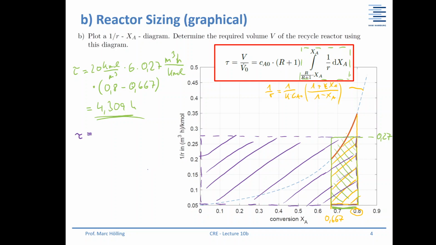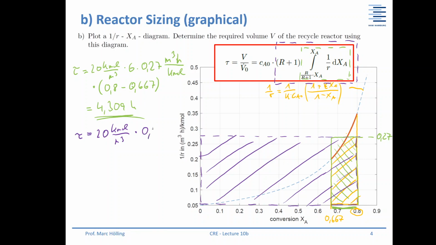Then your residence time tau is the same as your starting concentration, kilomoles per cubic meter. Now this big area is the whole part here, and here you just have to multiply it with the height of the rectangle.